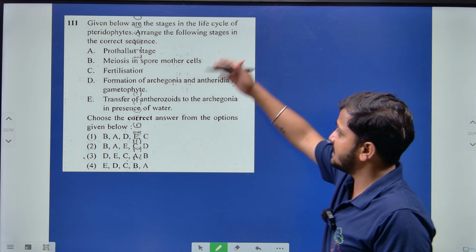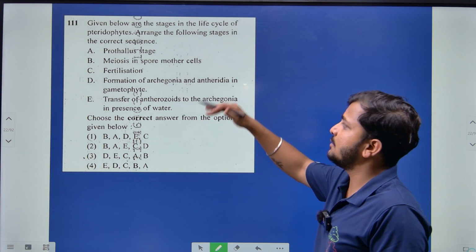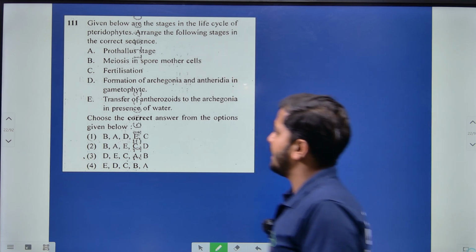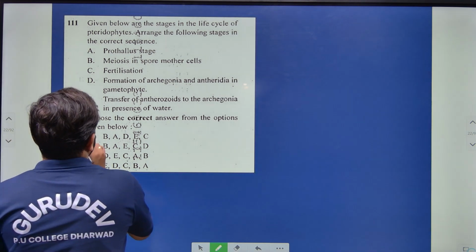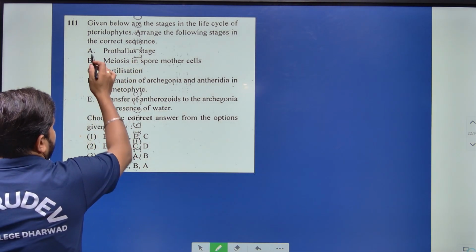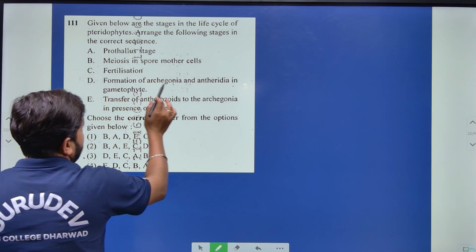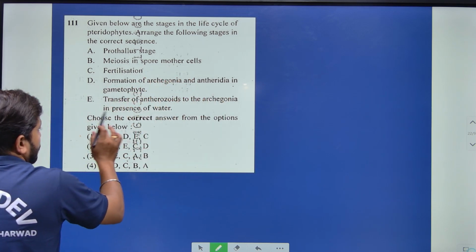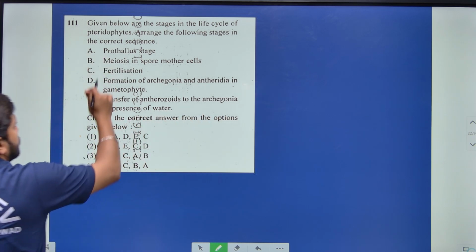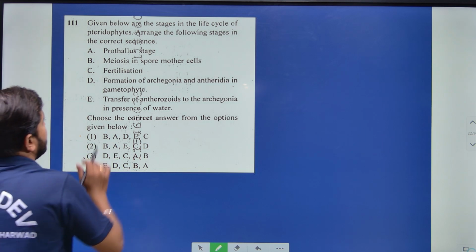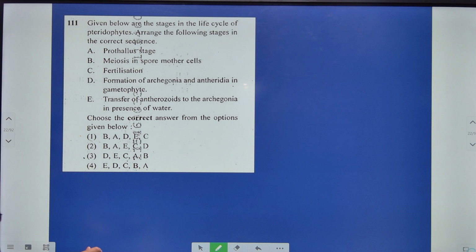So these are the stages of the pteridophytes, and we have to arrange them according to sequence. They have mentioned the prothallus stage, then meiosis in spore mother cells, fertilization, formation of archegonia and antheridia in the gametophyte, then transfer of antherozoids to the archegonia in the presence of water. So we have to arrange this sequence-wise. If I consider first what can occur here with respect to these options, that is what we have to imagine, right?